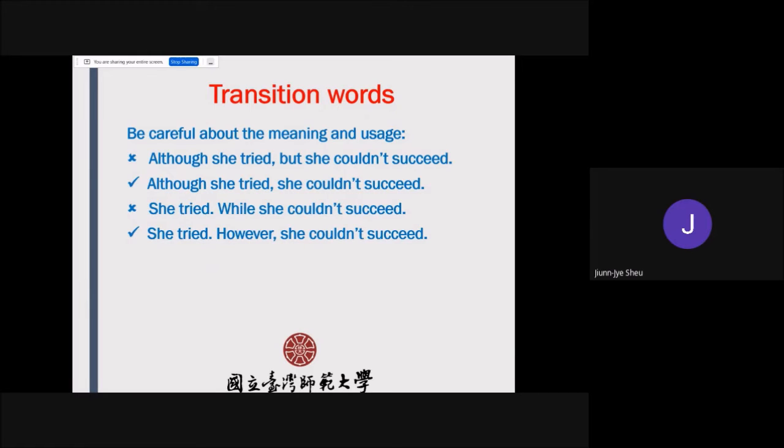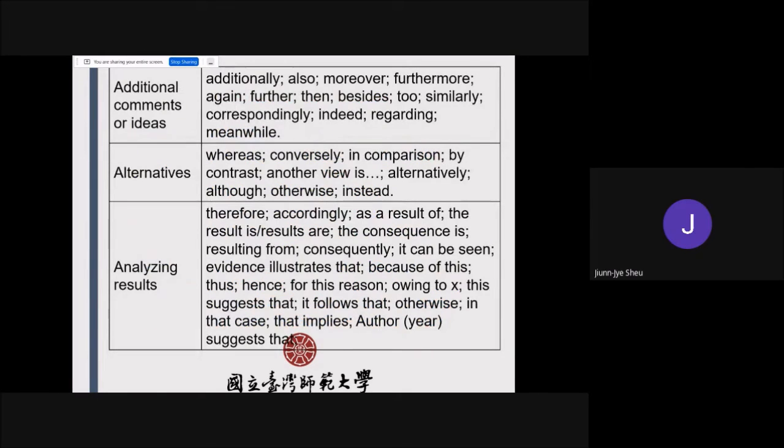Certainly, there are just so many principles in writing, but rather I like to show you the words for your further practice. These are the transition words that you will definitely use one of when you write, such as additionally, also, moreover, furthermore, again, further than, besides, similarly.